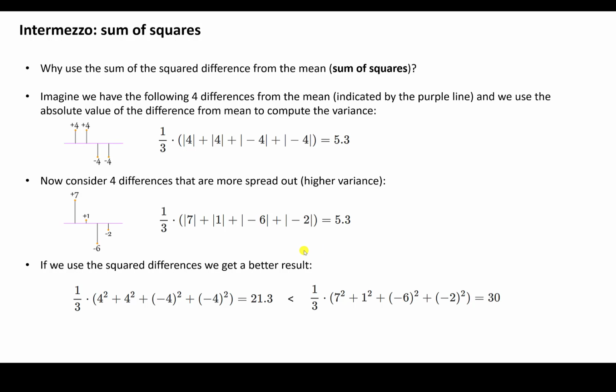If we use the square instead of the absolute value, it emphasizes these bigger distances, making them much larger compared to these. Then we can see that the variance we compute on this sample is much higher than the value we compute on the other, and this is intuitively a much better representation of the spread of the values of your random variable.